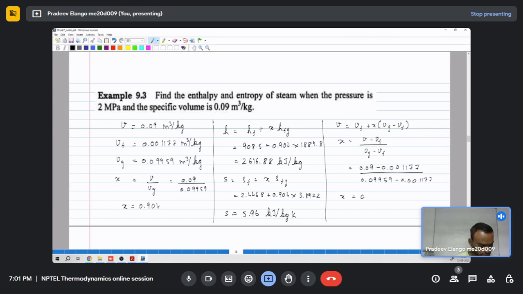So now I have got 0.90255. So earlier I had 0.904, only in the third decimal place some 2 has gone. So the percentage error you will get is very good, it will be less than 0.1%. Okay, sir.